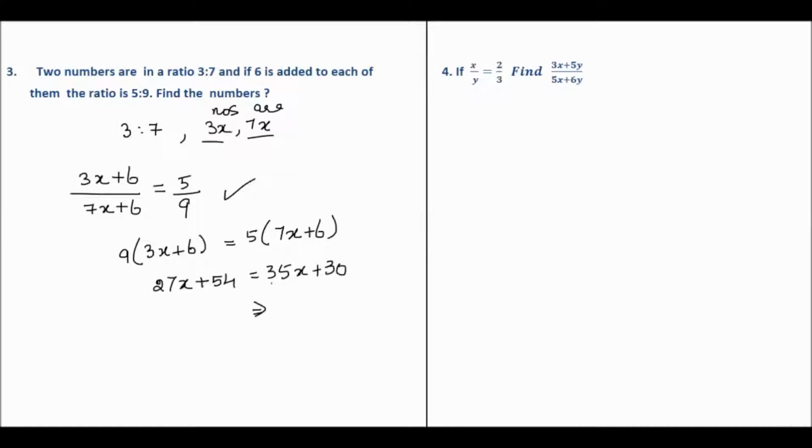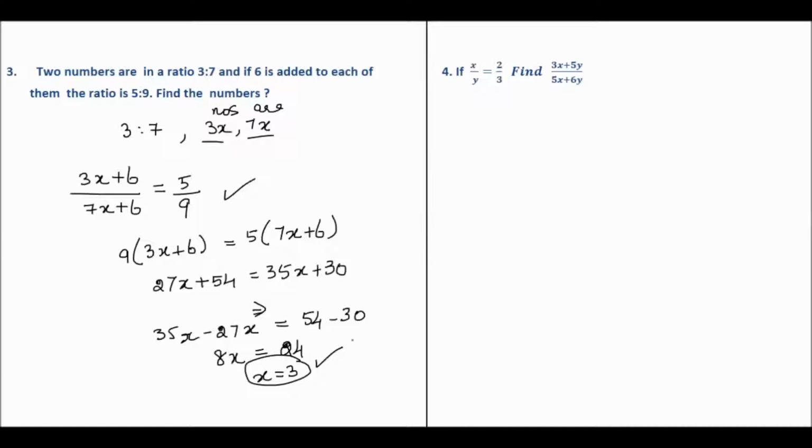Now bringing 35x minus 27x is equal to 54 minus 30, and my difference becomes 8x equal to 24, and x is equal to 3.